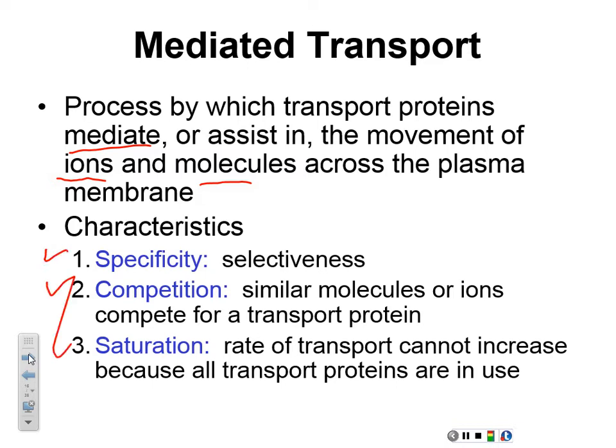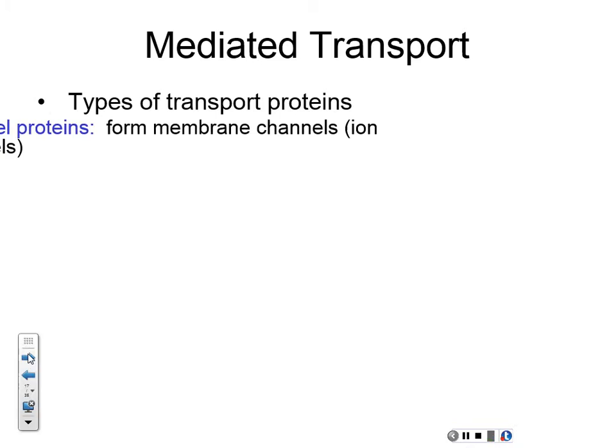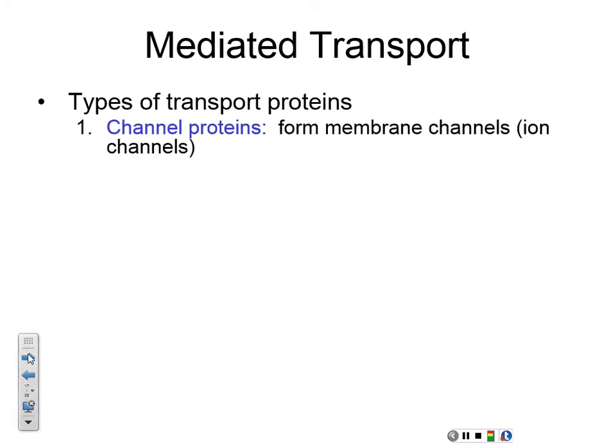I want you to know competition and selectiveness for mediated transport. So be able to explain these characteristics of mediated transport. All right, we're going to talk about a few types of mediated transport. First, the channel proteins.